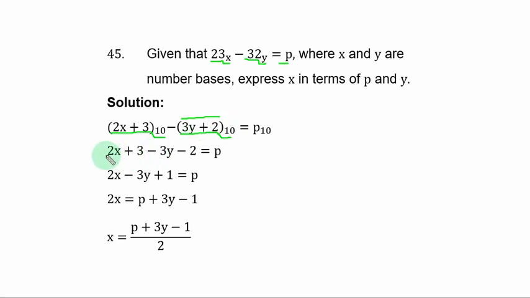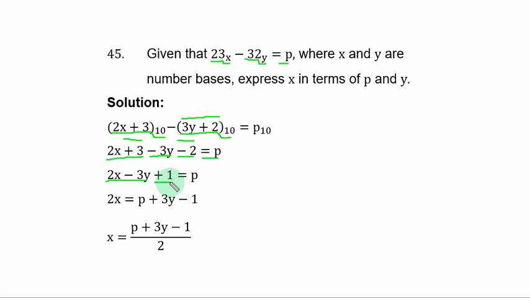So you have 2s plus 3, minus times 3y, that is minus 3y, minus times plus 2, you have minus 2, equal to p. So we have 2s minus 3y, you take plus 3 minus 2 is plus 1, equal to p.